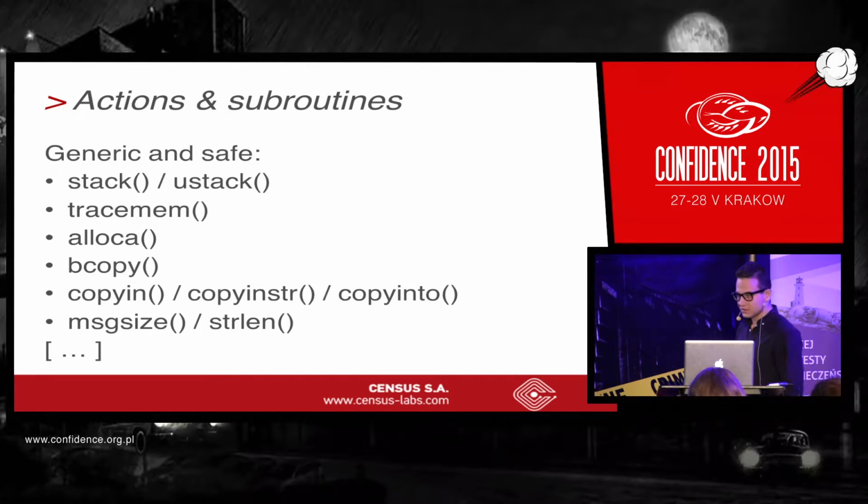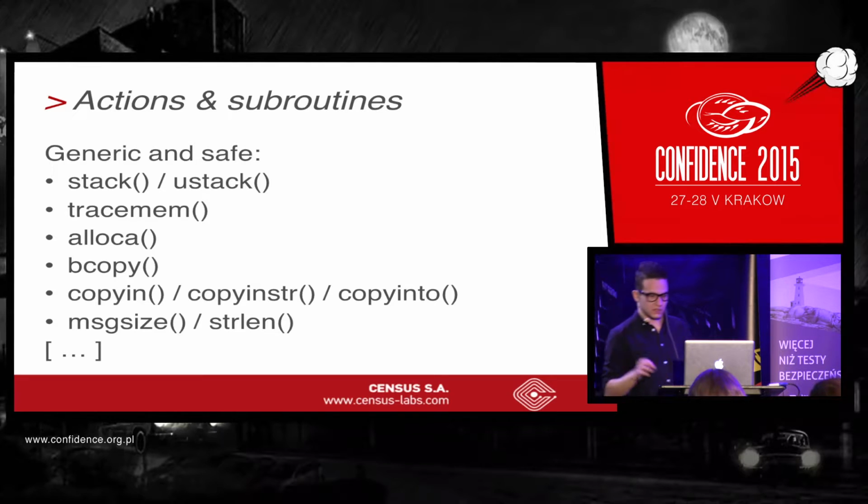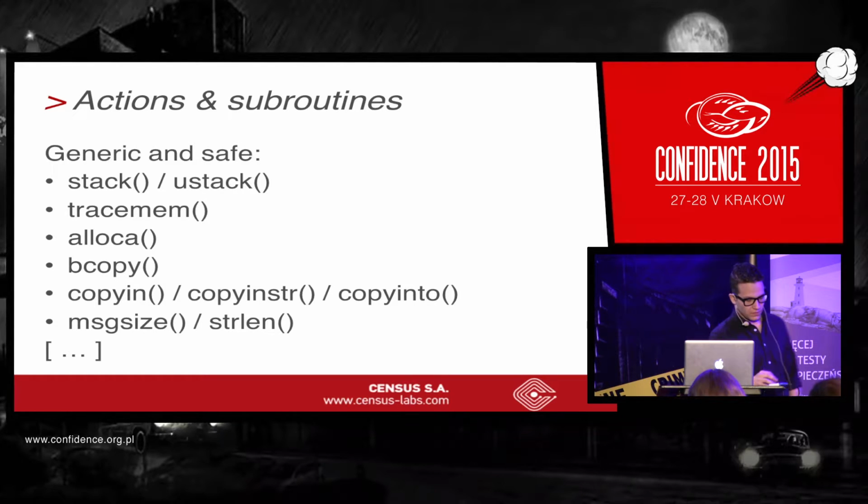Actions and subroutines, these are also kind of built-ins in DTrace. So you can dump the stack. ustack is for user mode, because in DTrace, when you're tracing any application, you do that from inside of the kernel, and if it's in user mode, then you would have a different stack for the actual DTrace probe, which is in kernel land, and a different stack for the application that you want to have the stack for.